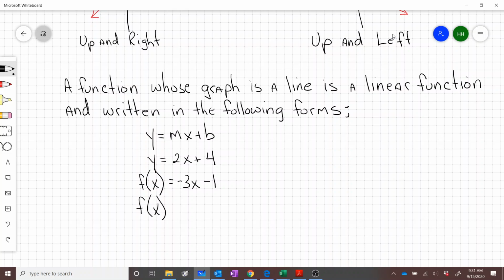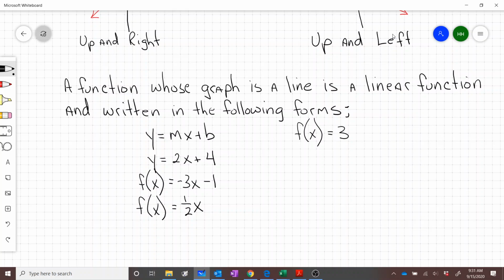Function of x equals 1/2 x. It's either y equals something times x. All right, look, another linear function could be the function of x equals 3.